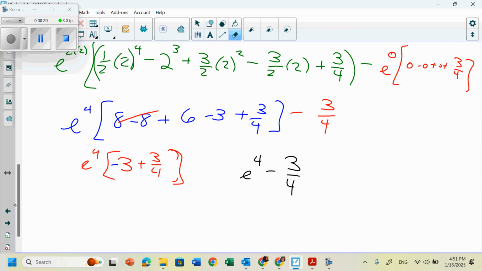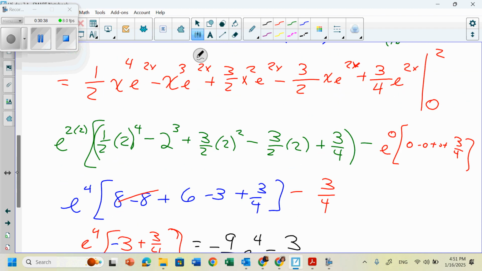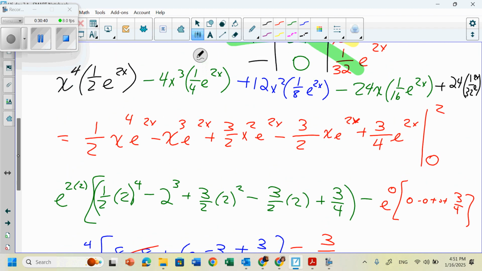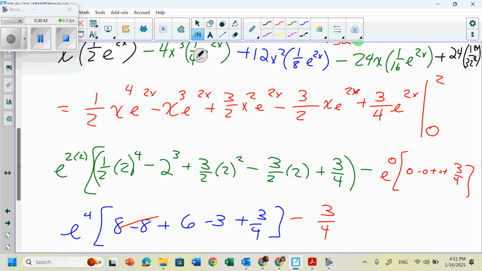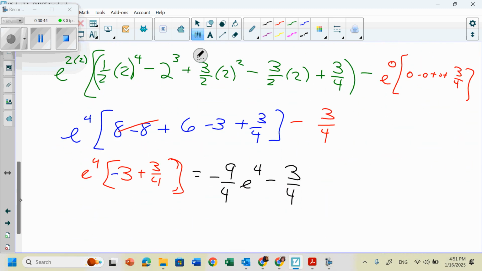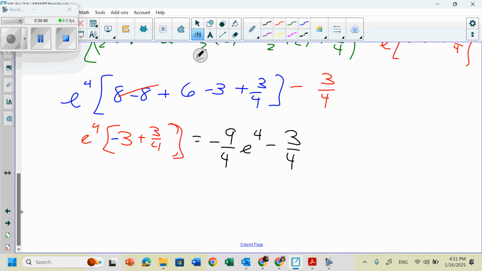No, it's positive 3. Oh, good God. It's positive. It's 15 over 4. All right. We're going to do 2 more.